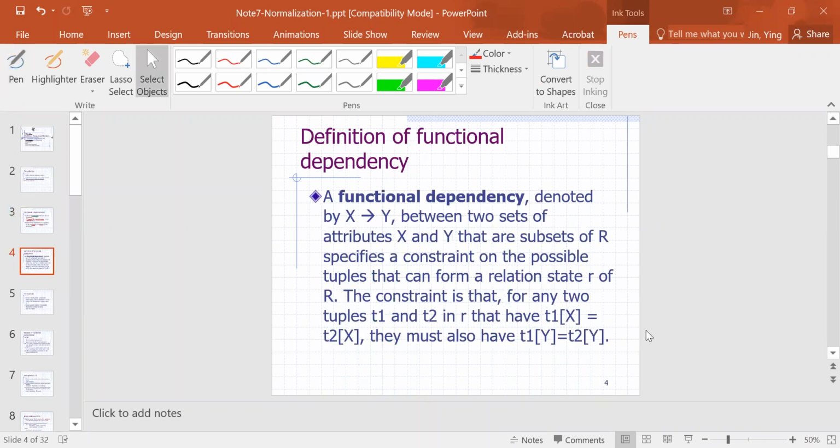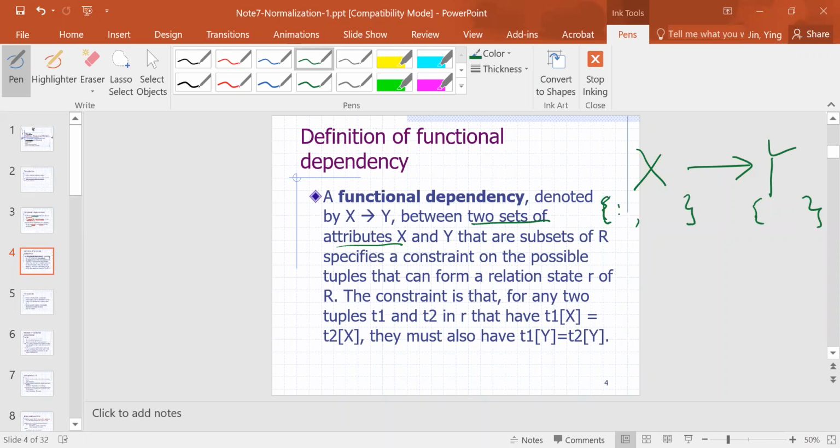So what is a functional dependency? This is totally new. We're going to introduce a functional dependency like this, from X to Y. There are two sets of attributes. X is a set of attributes, and Y is another set of attributes.